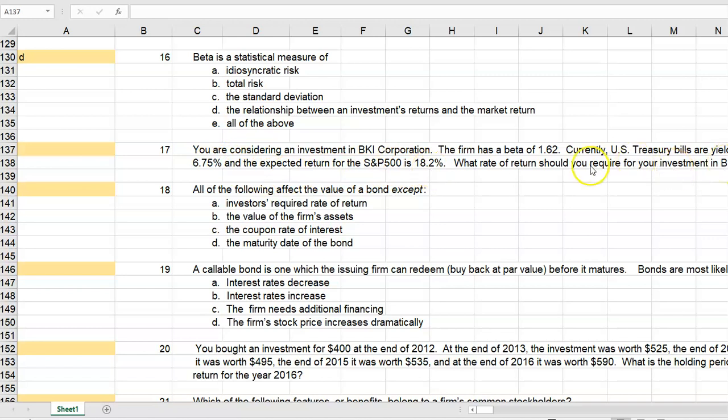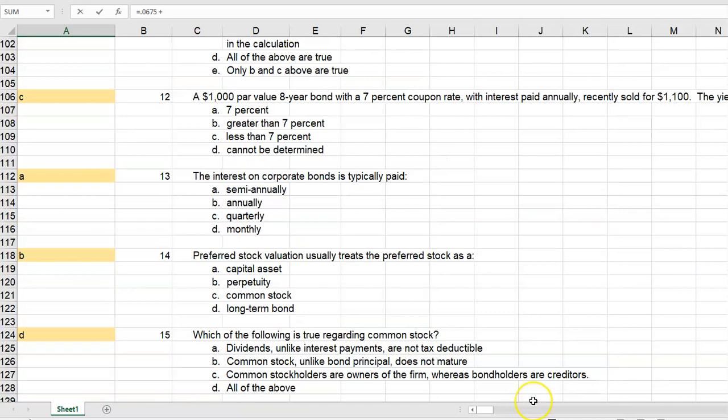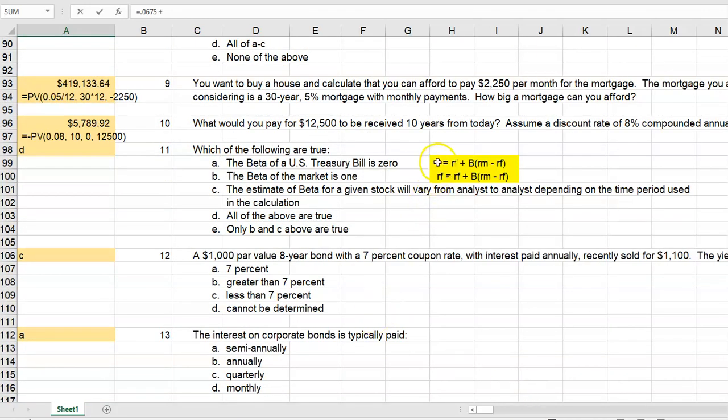Your required rate of return on your investment, by the capital asset pricing model, equals the risk-free rate of return, treasury bills, 0.0675. I'm going to use this equation right here.